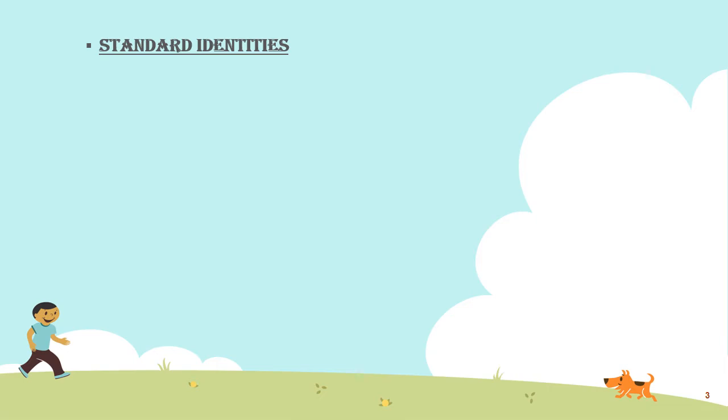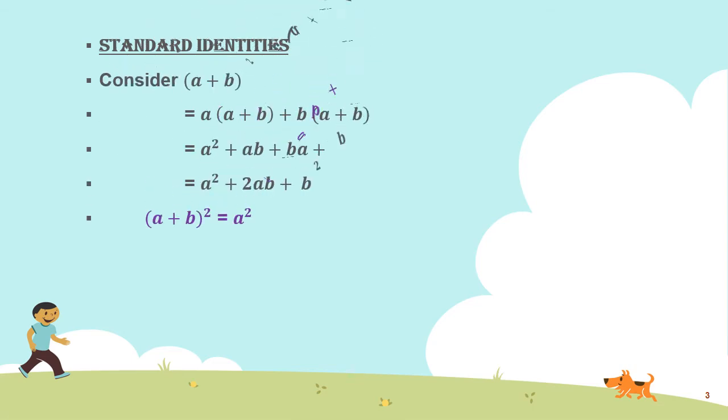Now let us see the case of standard identities. The first one we deal with is (a + b) the whole squared. We know how to multiply any two binomials. So (a + b) squared is the same as (a + b)(a + b).